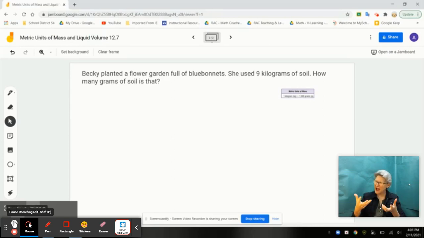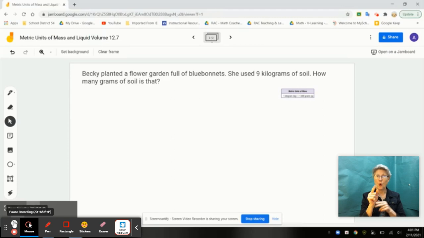They are definitely heavier. Will the number of grams be greater than or less than the number of kilograms? Yeah, they're going to be greater than, because we know that grams are a smaller unit.